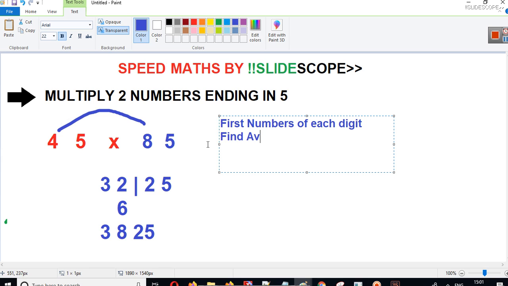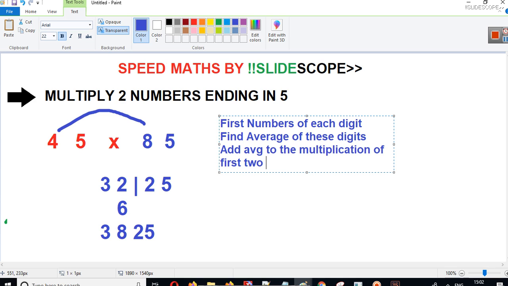Find the average of these digits, and we have got our average here, which is 6. In this case, add the average to the multiplication of the first two digits.